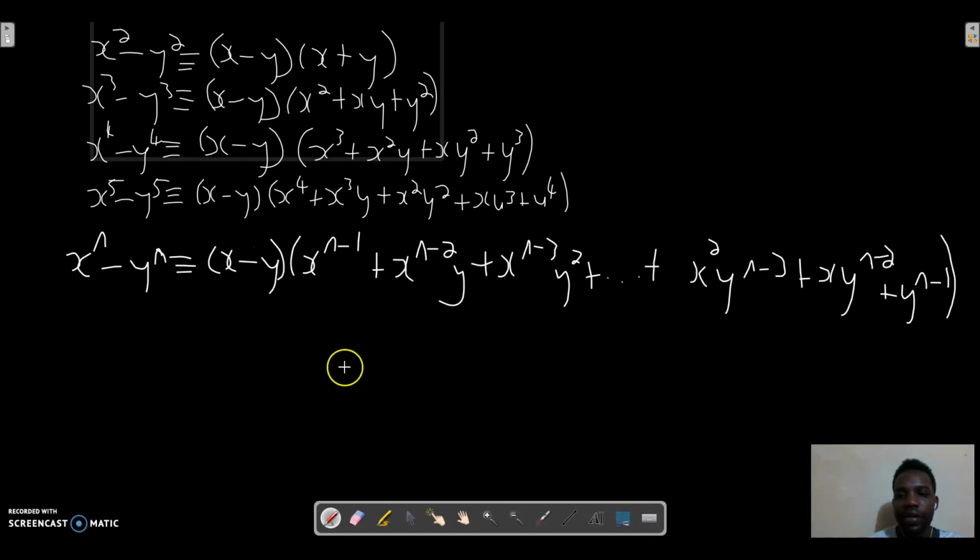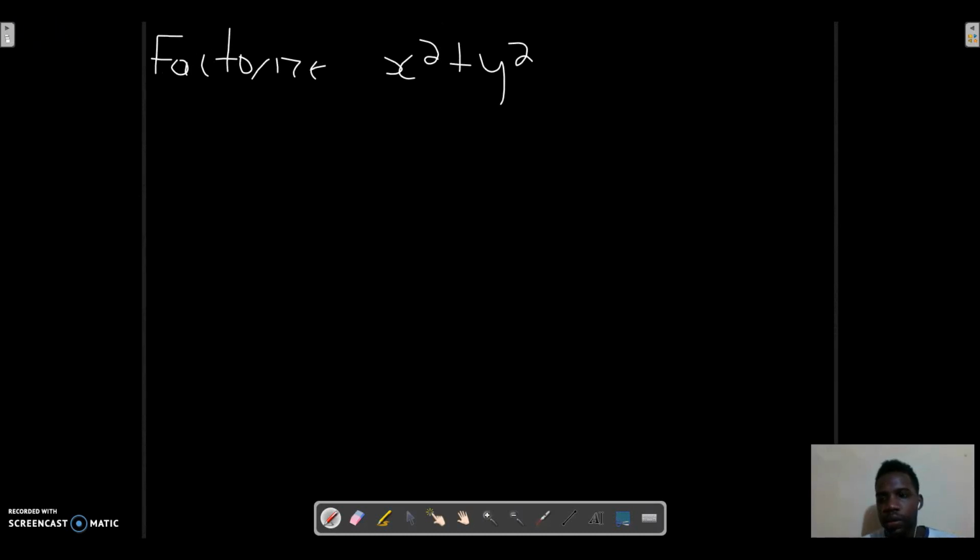Can I factorize the sum of cubes? We can indeed. We're going to do an example where we do long division first, and then we show you by using the same pattern here. Now let us look at how we would factorize the sum of two squares, x squared plus y squared. Let us start by saying let f of x equal x squared plus y squared.